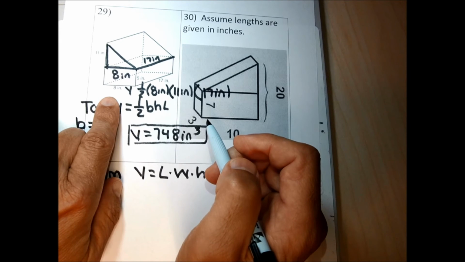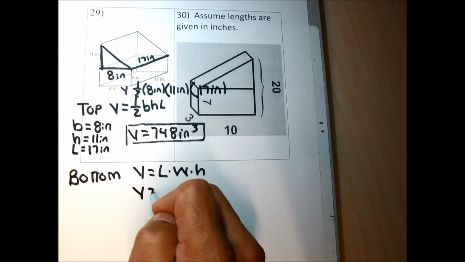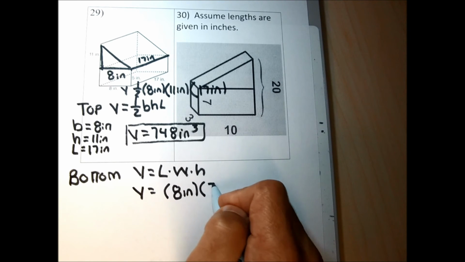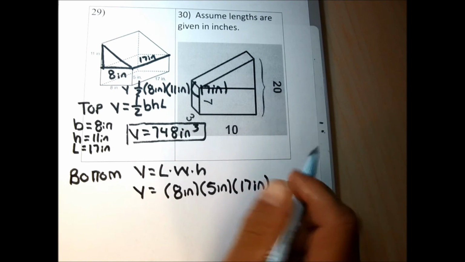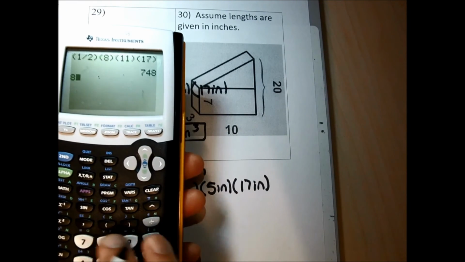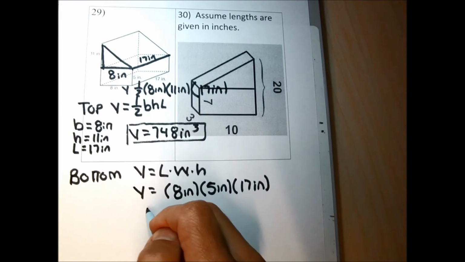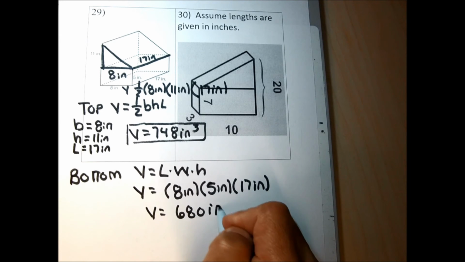The base is a lovely rectangular prism. I just multiply the 3 individual lengths. Volume is going to be 8 inches times 5 inches times 17 inches. So 8 times 5 times 17, and I get 680 cubic inches.